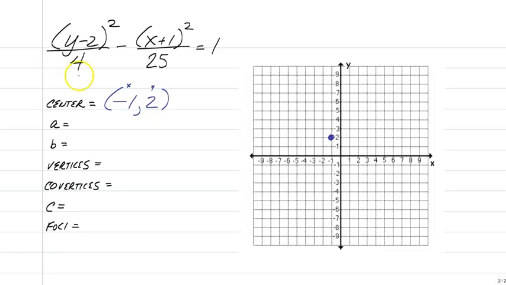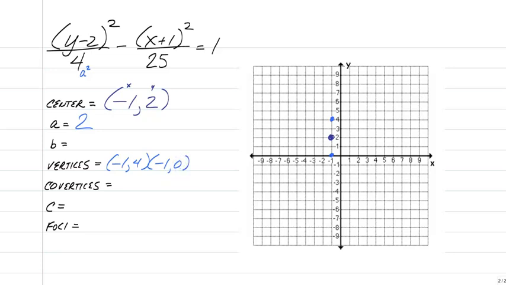Now we're going to move on to our a squared, and if a squared gives you 4, that means we know a is 2. That is opening in the y direction. This is our up and down. So we are going to go 2 up, and we are going to go 2 down. That means our vertices are at -1, 4, and at -1, 0.